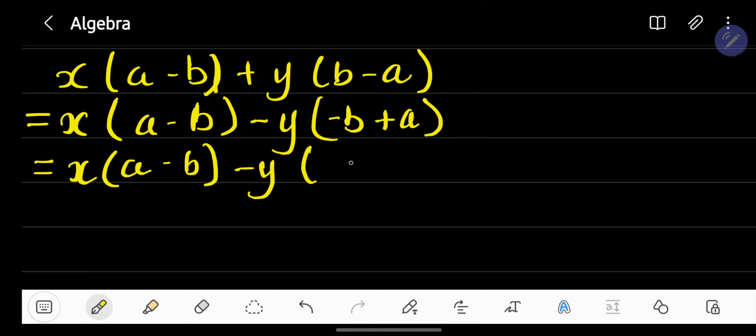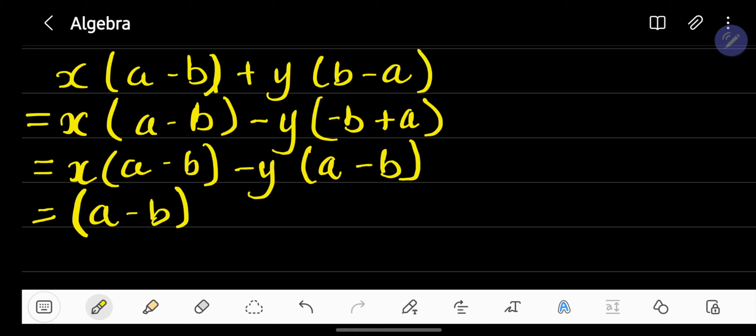Minus y, open the bracket, you start with the positive one in the bracket, a, followed by the negative one, which is negative b, you close the bracket. Now if you check this problem, you will notice that we have a minus b being common on these two terms. So a minus b is common.